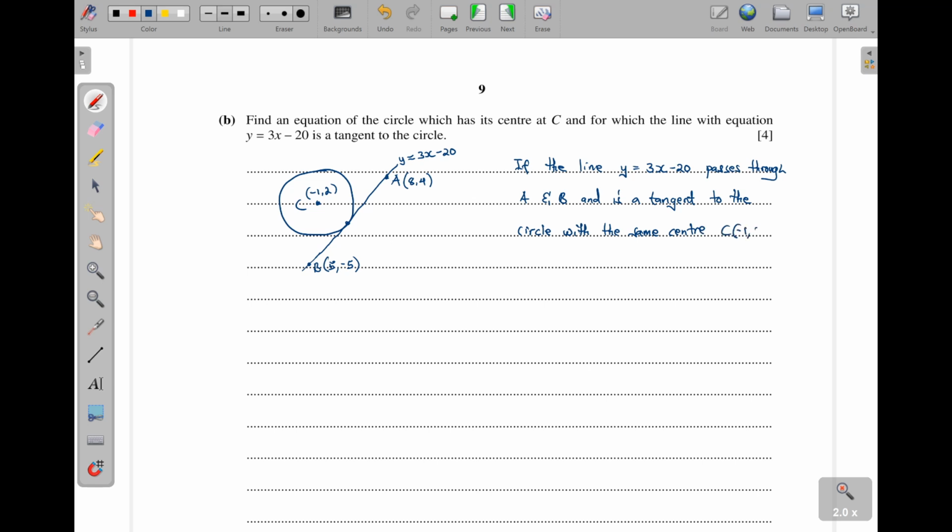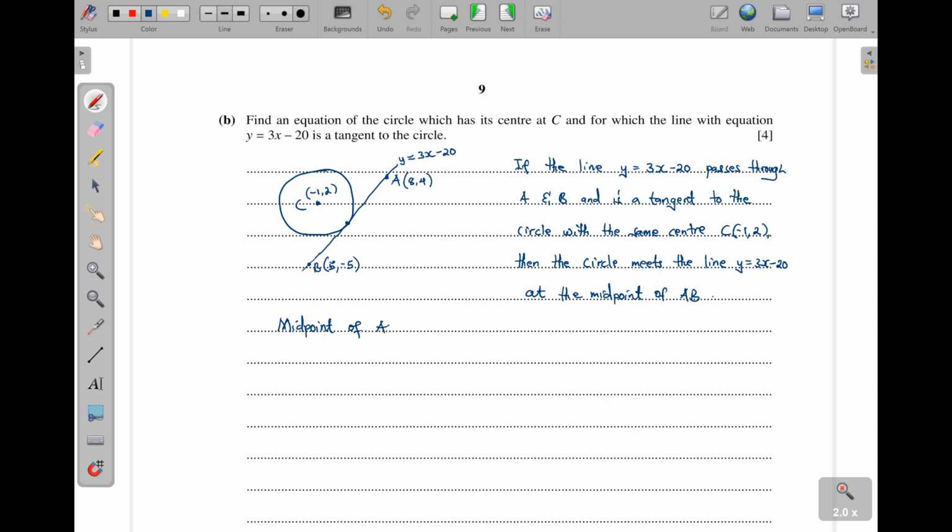C, negative 1, 2. Then the circle meets the line y is equal to 3x minus 20. This new circle meets the line at the midpoint of the line AB.